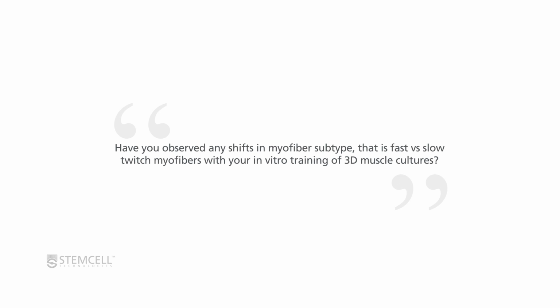And at this point, it does appear that we do see some shifts in fiber subtype, but these are sort of early days. And ultimately, what we need to do is we need to characterize at a better level how the location of the muscle biopsy that we receive influences the ultimate fiber subtype of the tissues that we produce.